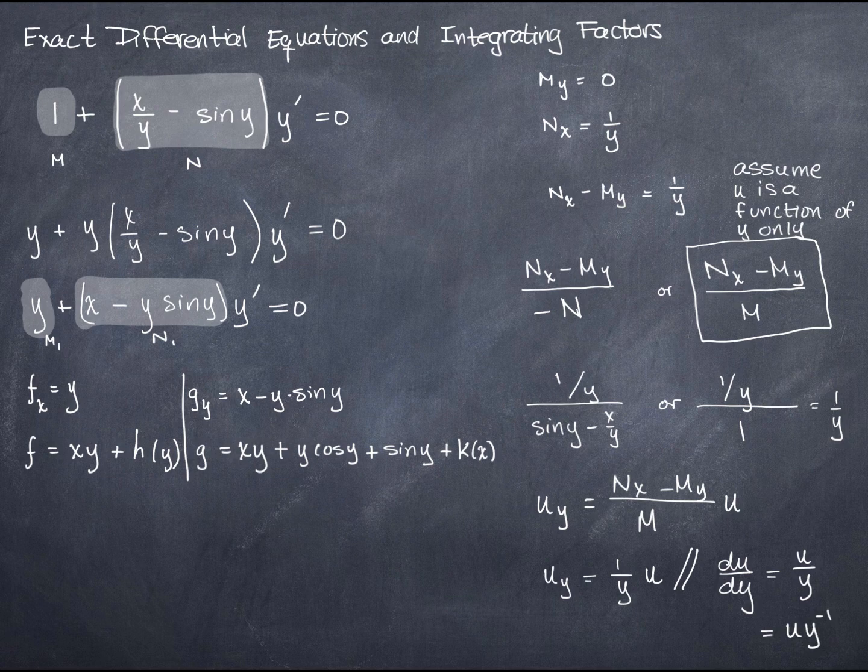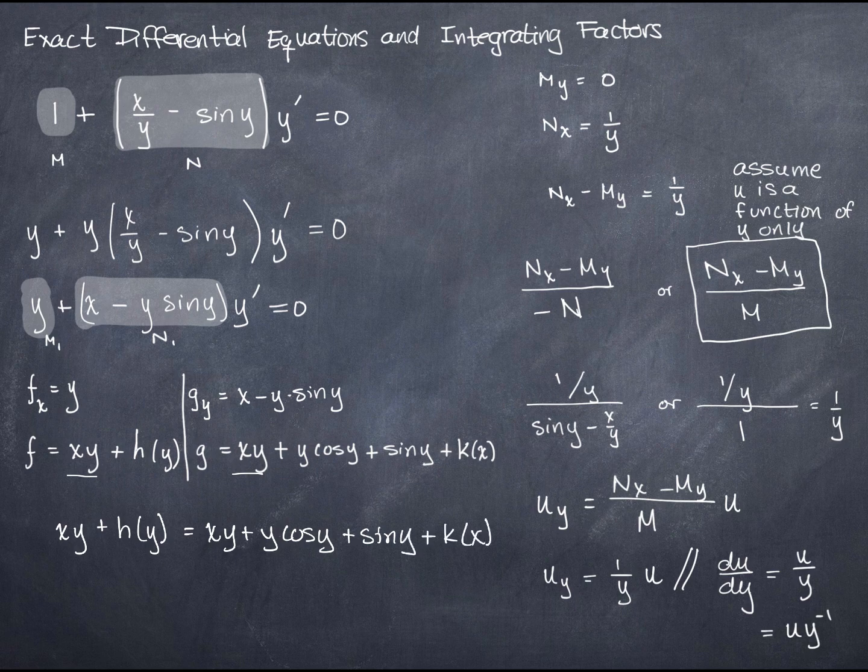Well, we can make the observation. First of all, these have to be the same function, right? And so I can make the observation that these two terms are the same. Let me rewrite it this way. We have to know that xy plus this function h of y has to be equal to xy plus y cosine of y plus sine of y plus some function of x, right?